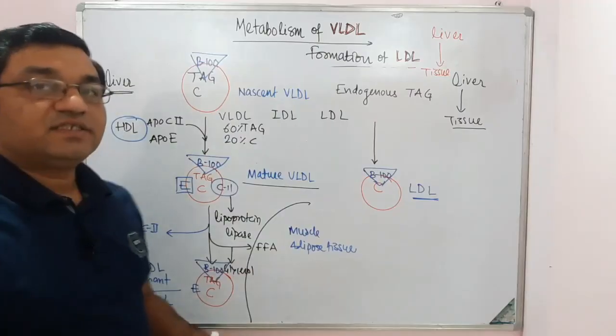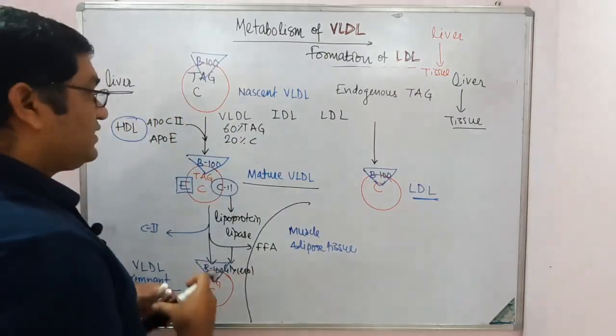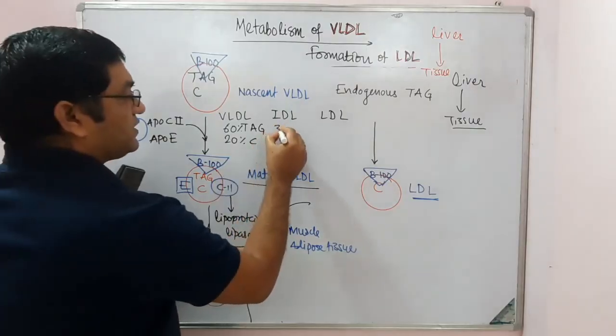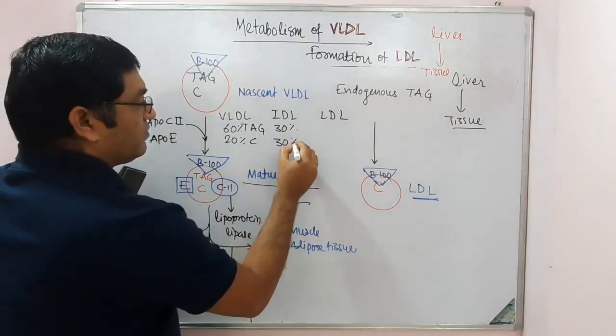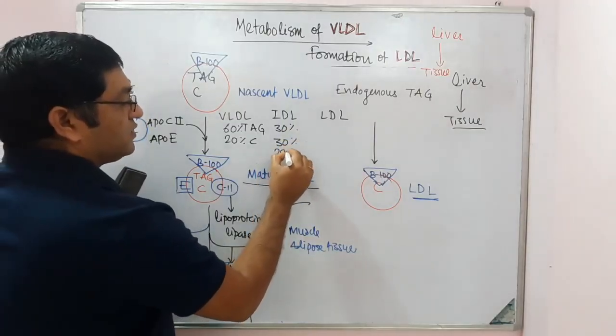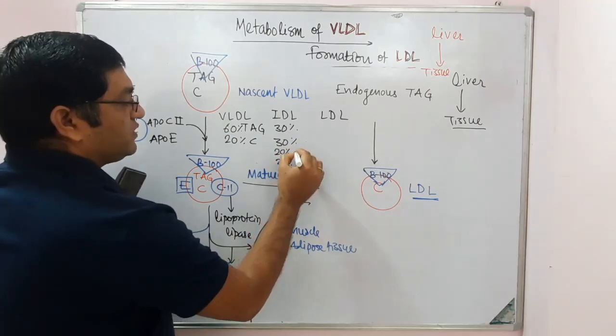In intermediate density lipoprotein, the TAG content is 30% and cholesterol content is 30%, and the remaining 20% is protein and phospholipids.